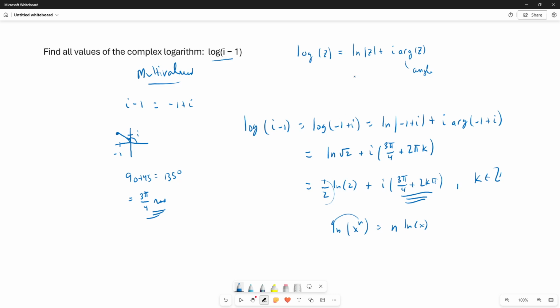It's the natural logarithm of the modulus of the complex number. So there's just one number for the real part, but the imaginary part involves the argument of the complex number, and there are infinitely many angles that are coterminal, and so there are infinitely many arguments to be considered, and therefore there are infinitely many values to the complex logarithm.